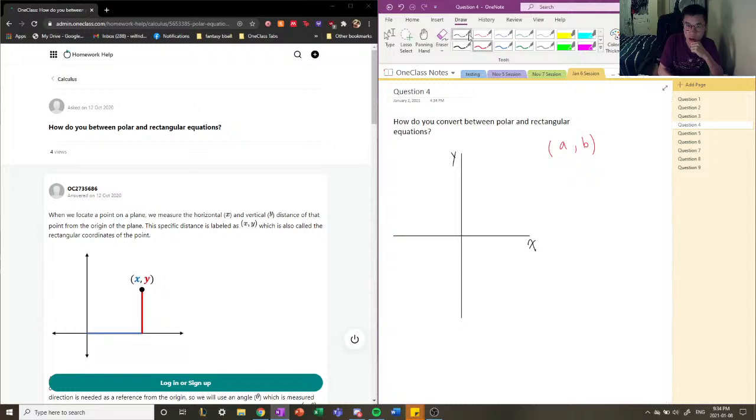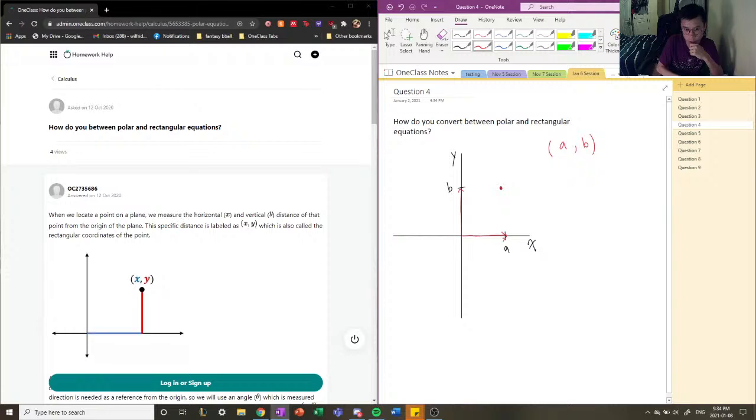So this is B, and this is A. A units right of our origin means that our point is this, and B units up from our origin is like this. Then they converge at this point over here.